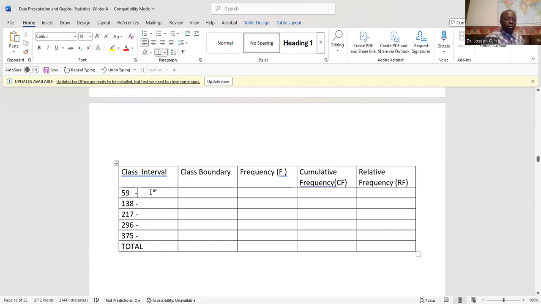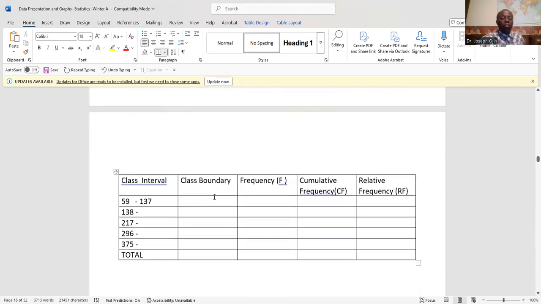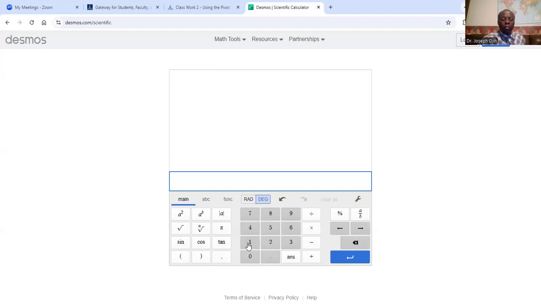So here will be 137. Now you can start adding the class width again, which is 79. 137 plus 79 gives 216.